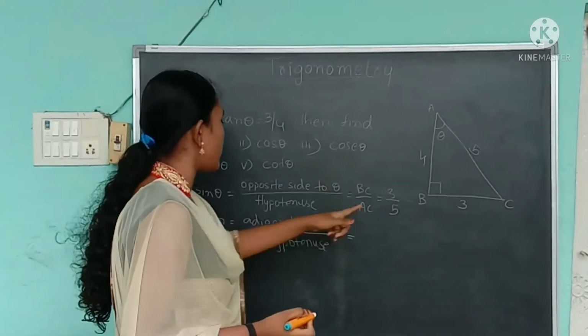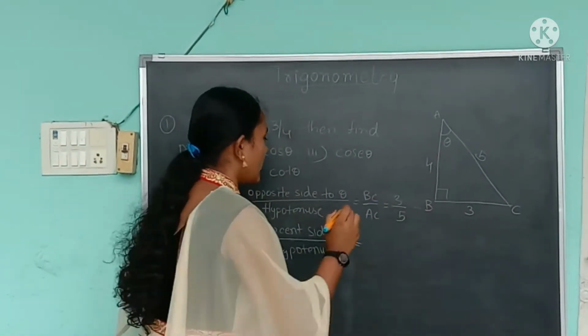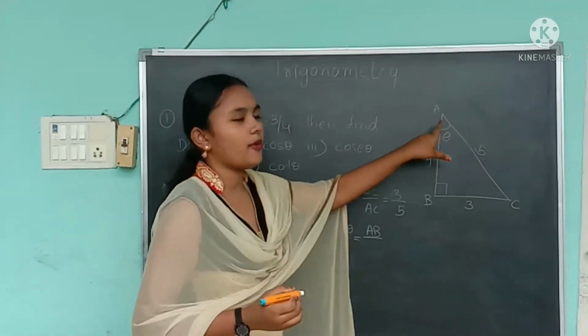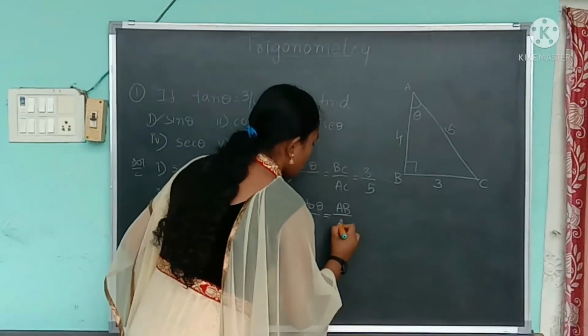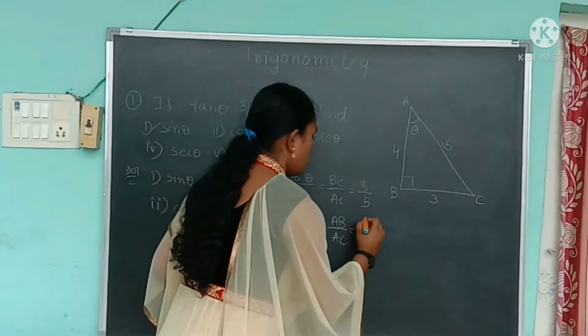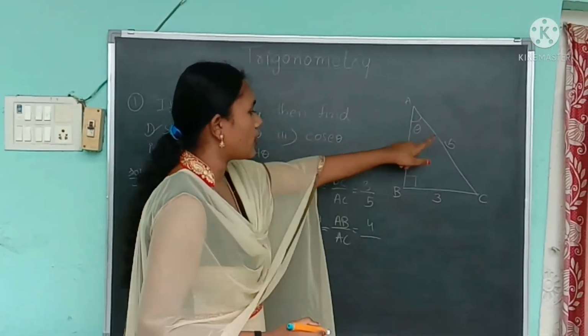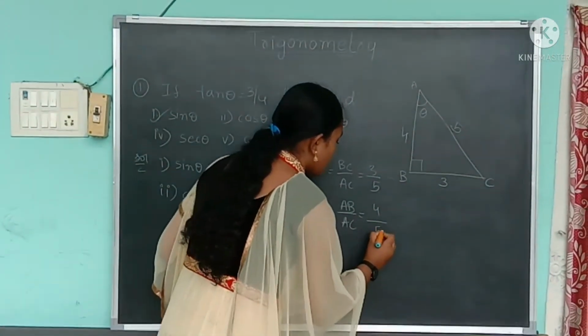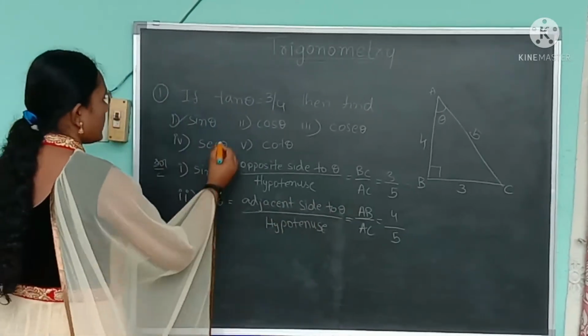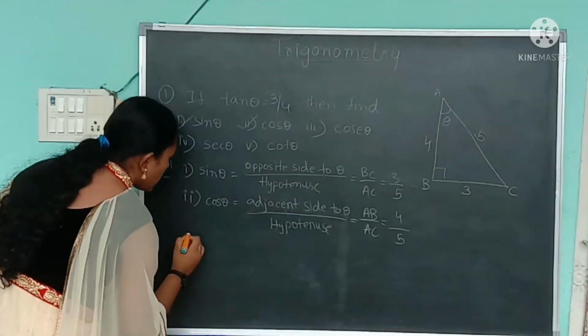What is the adjacent side to theta here? AB is the adjacent side. AB by the hypotenuse, which is AC. The length of AB is 4 and the length of the hypotenuse AC is 5. So cos theta is equal to 4 by 5. And this is over.